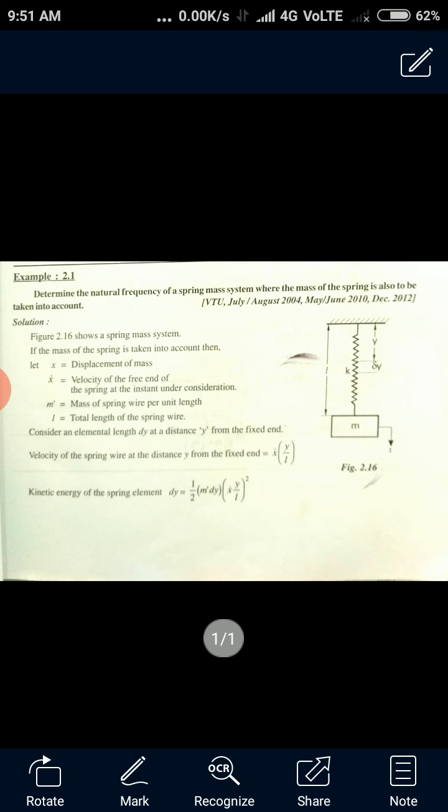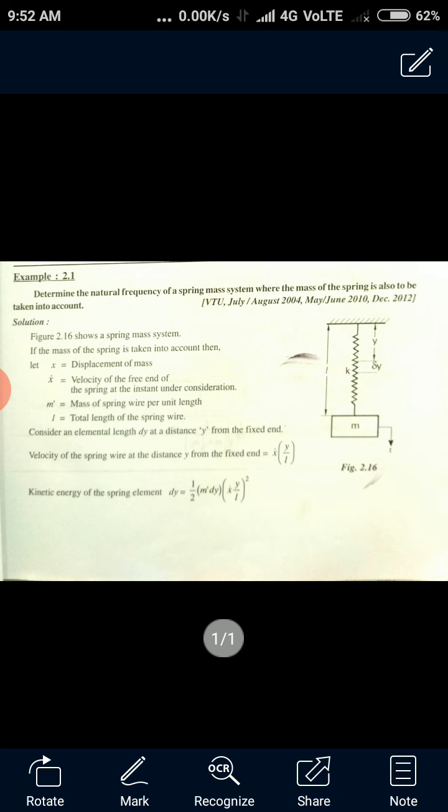For that, we will take a small element dy, or delta y, at a distance y from the fixed end as shown in the figure. Now, the velocity of this spring element dy at a distance y from the fixed end is given by the equation x dot into y by L. Remember this formula.